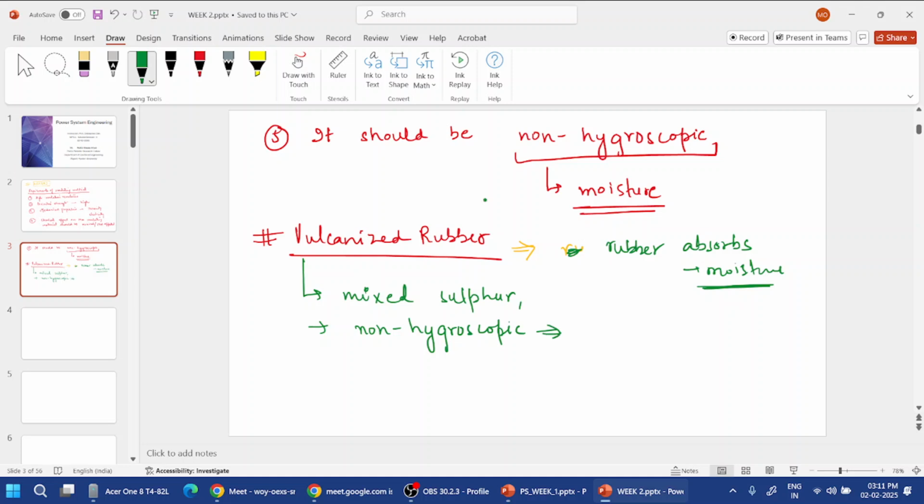Non-hygroscopic means it does not capture or absorb moisture, and thereby increases the insulation properties.